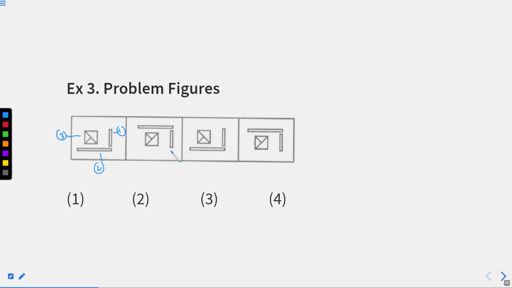So let's just revise and derive the relation between them, and then we will draw our answer figure here by ourselves without looking at the options. As soon as we are complete with our answer, we'll find the same figure in the 4 alternative options, and as soon as we are able to find it, we will get our answer.